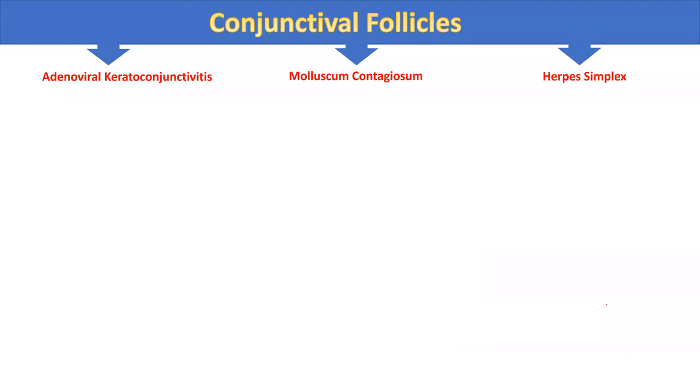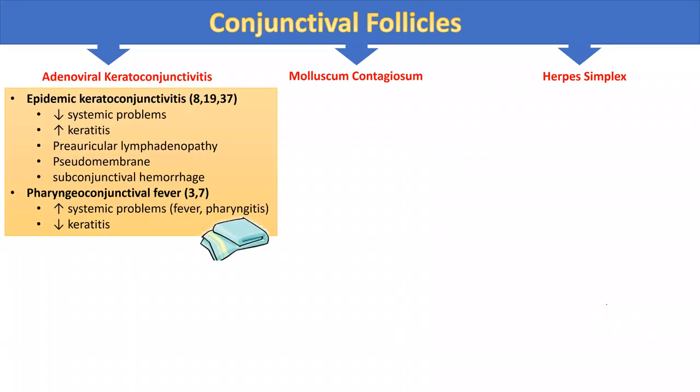Conjunctival follicles can be caused by viruses like adenovirus. Epidemic keratoconjunctivitis, serotypes 8, 19, 37, has few systemic problems and more keratitis, preauricular lymphadenopathy, pseudomembrane, and subconjunctival hemorrhage. Pharyngoconjunctival fever, serotypes 3 and 7, is characterized by more systemic problems such as fever and pharyngitis, and less incidence of keratitis, only 30%.